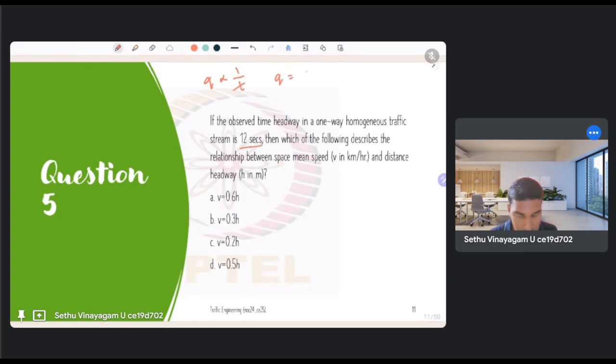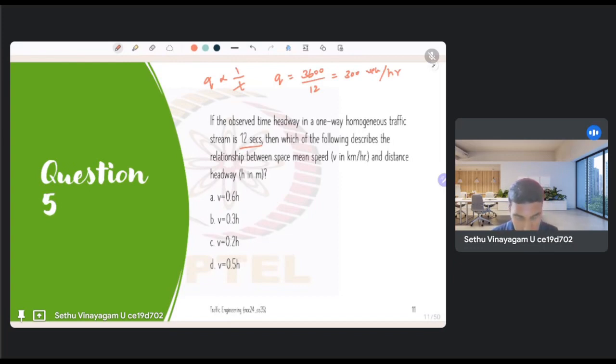Flow is 3600 divided by 12, because we are using time in seconds, and 1 hour is 3600 seconds, so that we get the flow per hour. This gives us a flow of 300 vehicles per hour. So we can derive the flow from the time headway.